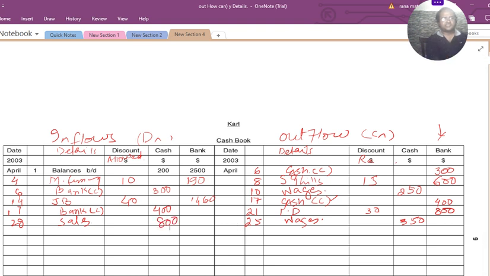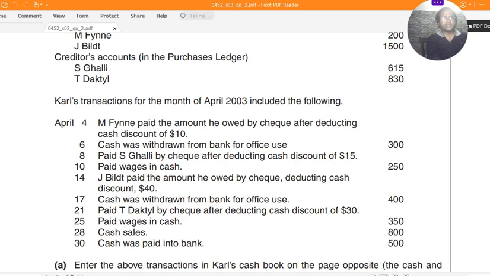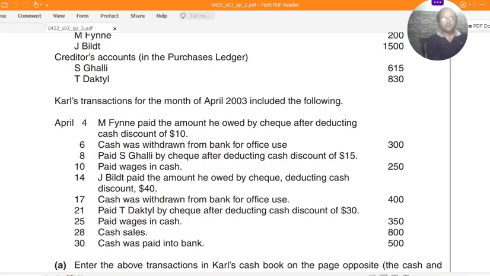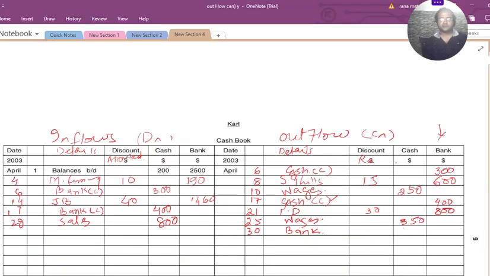And the last transaction is cash paid into bank, 500 rupees or dollars. That is also a contra entry. Our cash decreases due to bank because we deposit cash into the bank, and the amount is 500.